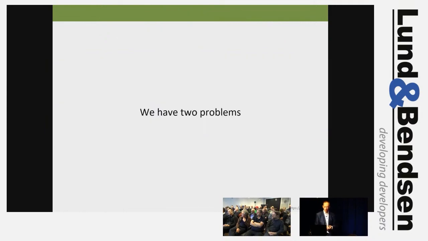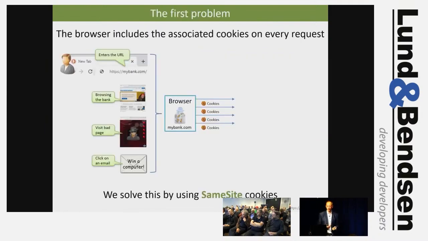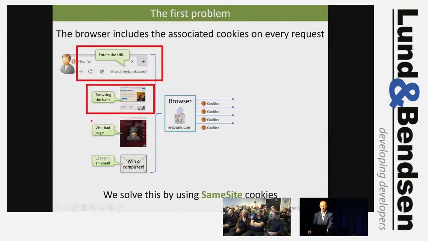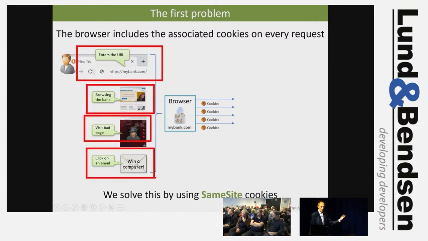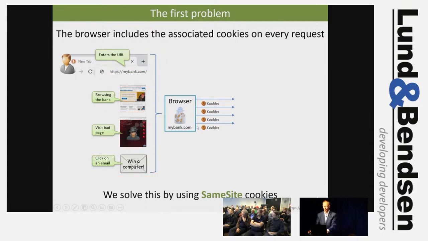So we have two problems here. The first one is that the browser will, regardless of my interaction, if I enter a link in a browser up here, or if I click on a link, or I go to a bad page, or I click on a bad email, my browser will open and include my cookies in all outgoing requests.